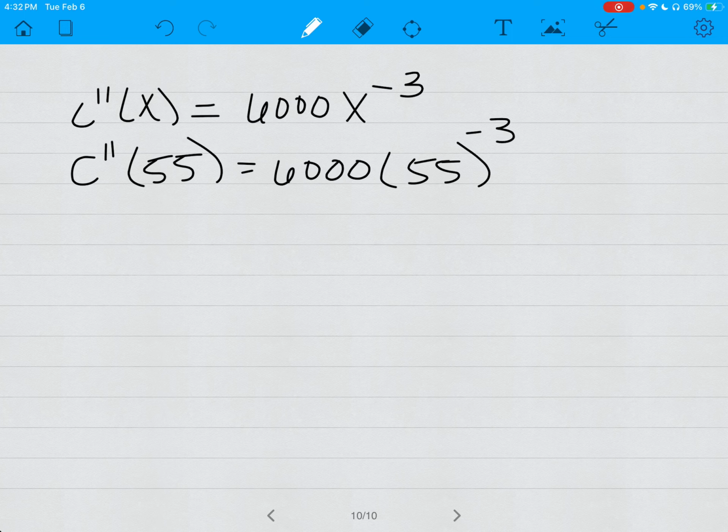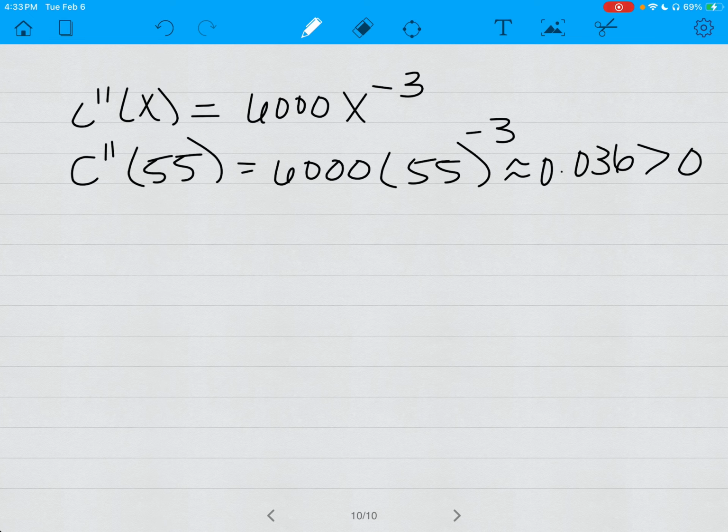We're going to plug that into the calculator. So we have 6,000 times 55 to the negative 3, and that comes out to be about 0.036. But remember, all we care about is the sign.